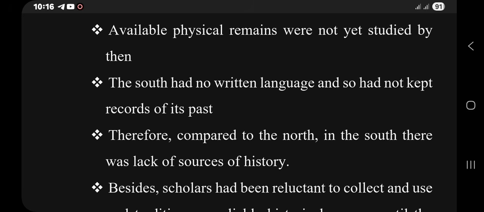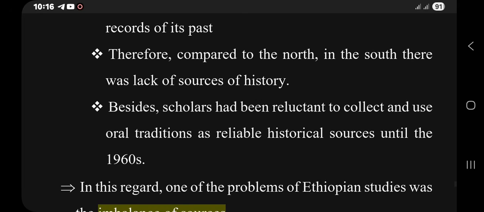Besides, scholars had been reluctant to collect and use oral tradition as reliable historical sources until the 1960s, that is, up to the opening of IES in Addis Ababa University.